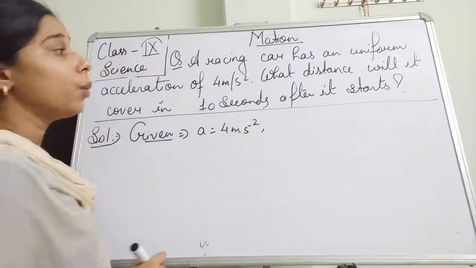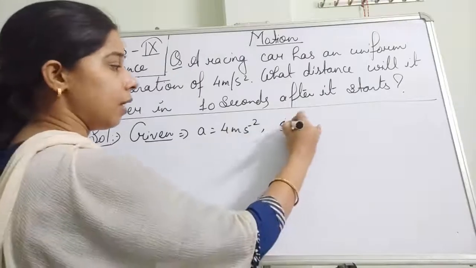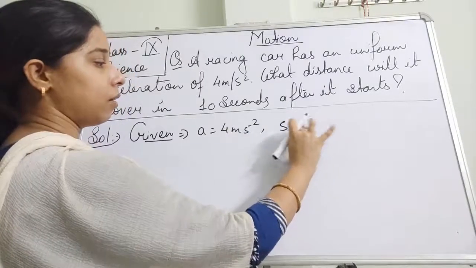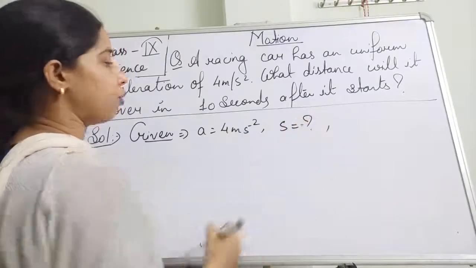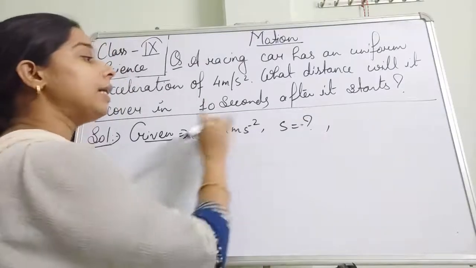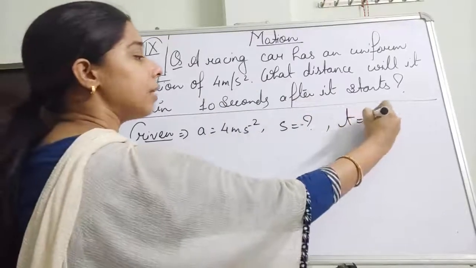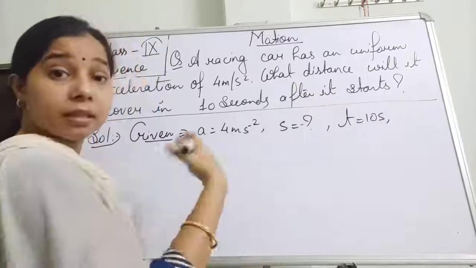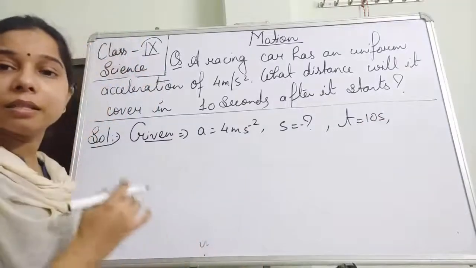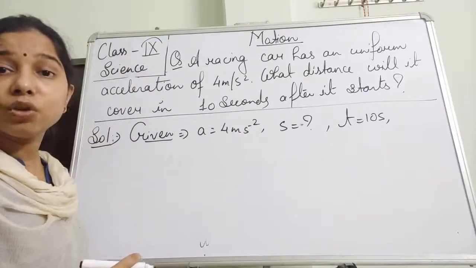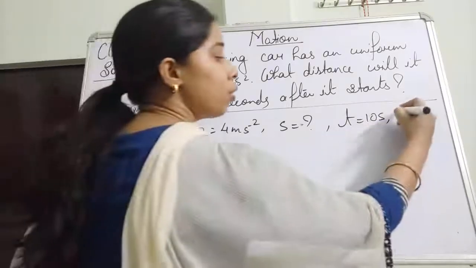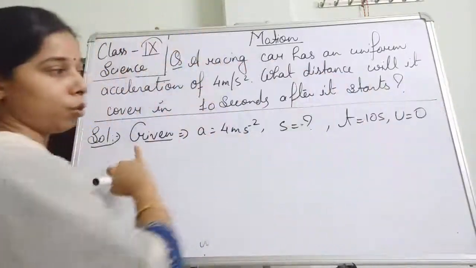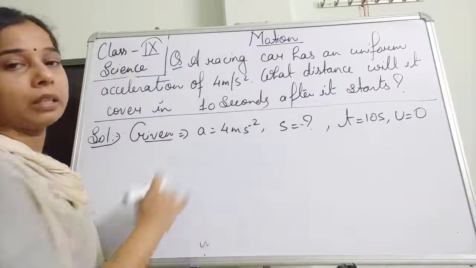We have to find the distance. Time is given, that is 10 seconds. After it starts, you know that when a body starts, its initial velocity will be 0. So u will be equal to 0. Everything is given, we have to find the distance.